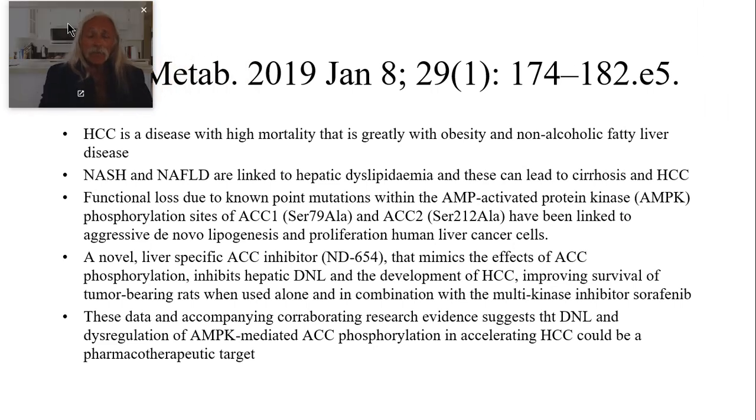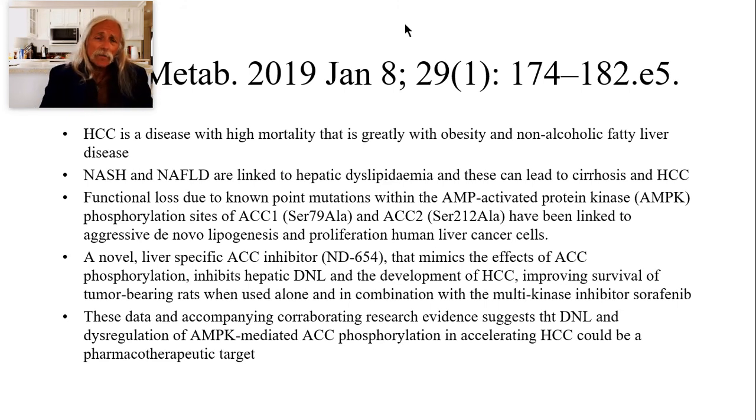HCC is a disease which I've talked a lot about in Vera Mad and in Authentic Biochemistry lectures, as I'm sure you're aware. HCC is a disease that's hepatocellular carcinoma with a high mortality. It's greatly increased with obesity and with NAFLD, or non-alcoholic fatty liver disease. Of course, alcoholic fatty liver disease will also enhance HCC.